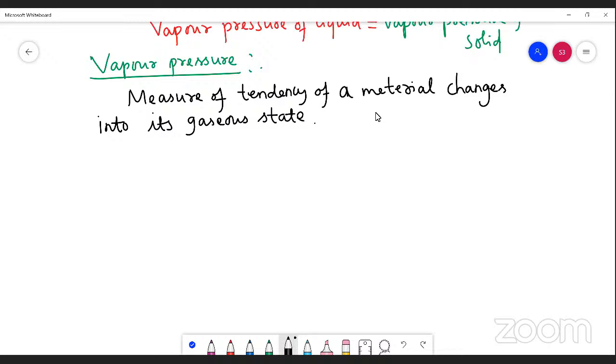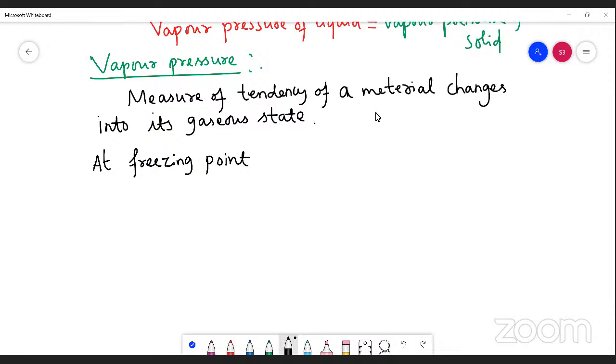Now, what happens at the freezing point, at a particular temperature? What happens to the solid and the liquid?